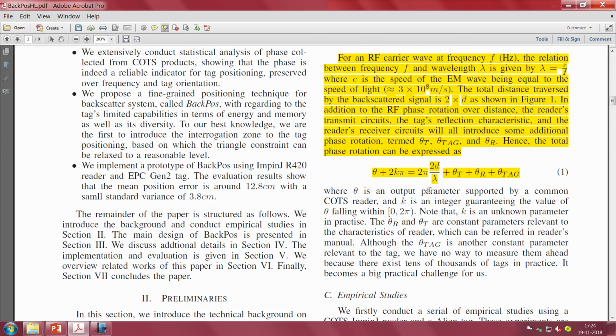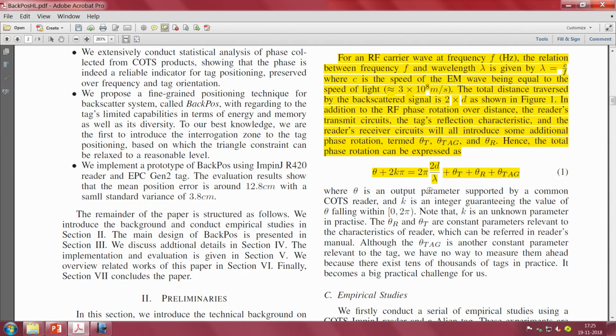The right hand side simply says this phase is corrupted, is manipulated due to several impairments, which is simple. Theta t, theta r and theta tag are all the impairments that will get added when you are measuring this actual phase 2 pi 2d by lambda.